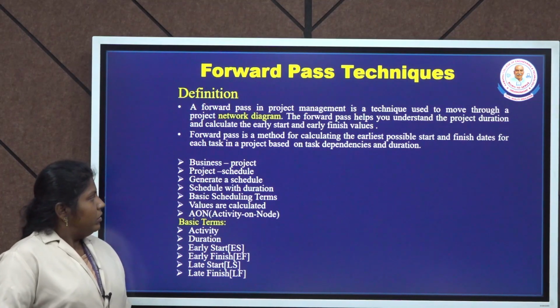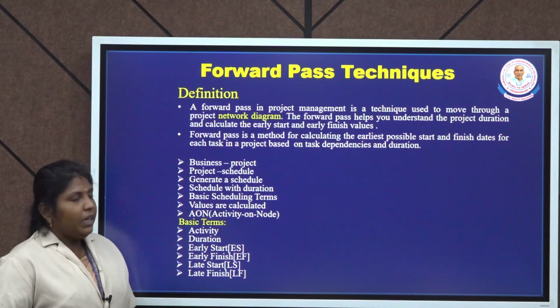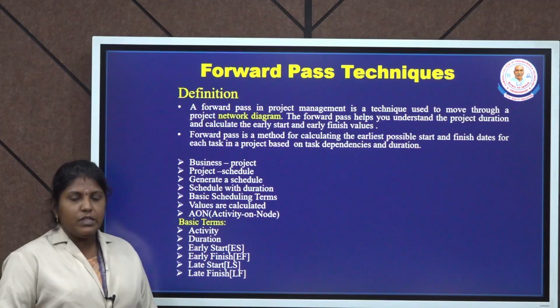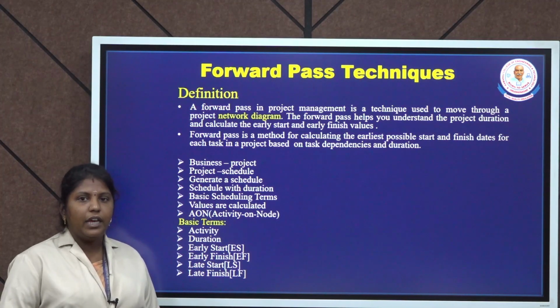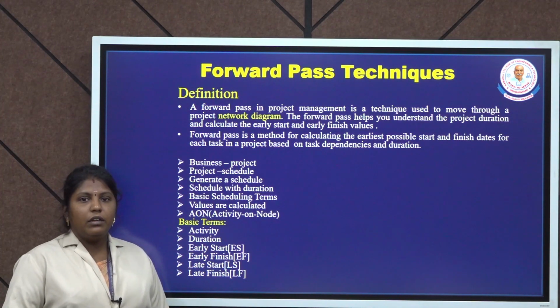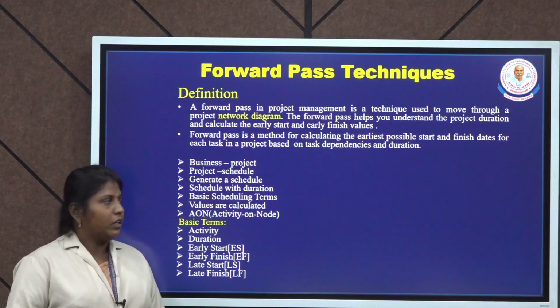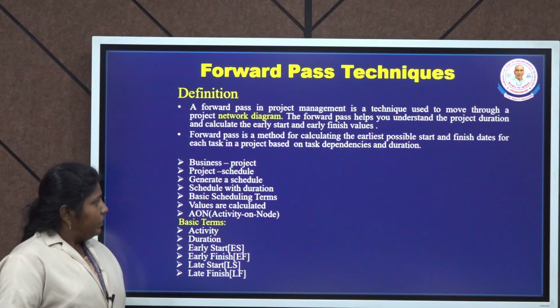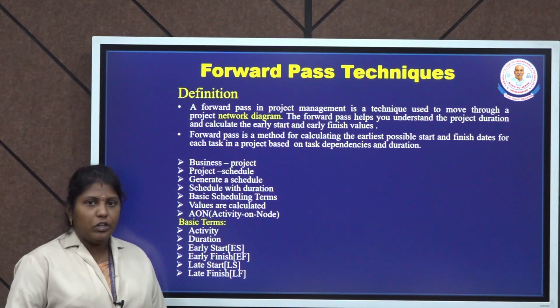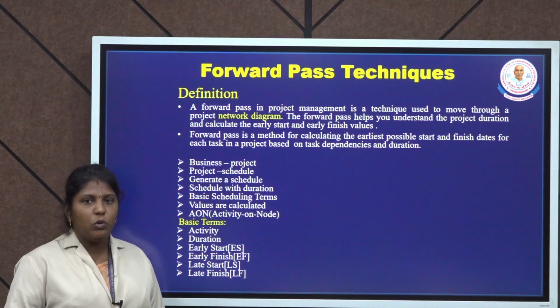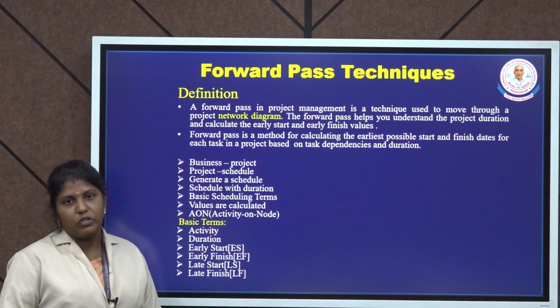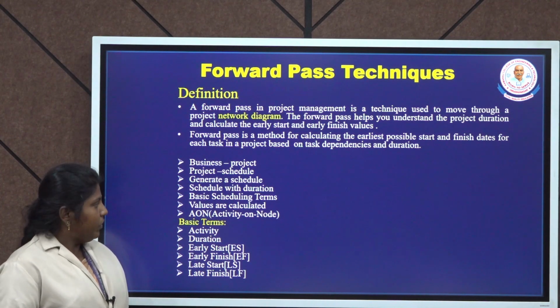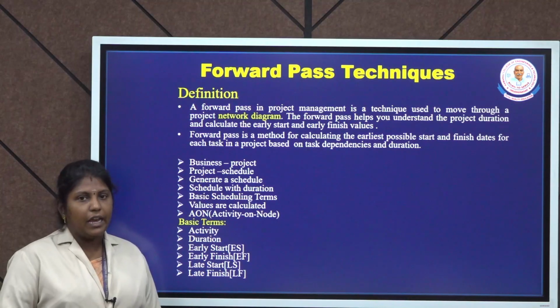It can be allocated with some duration for any type of task inside the project. Basically, we should know how we schedule the project and how the values are calculated.